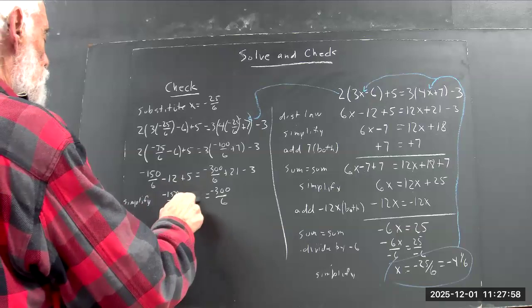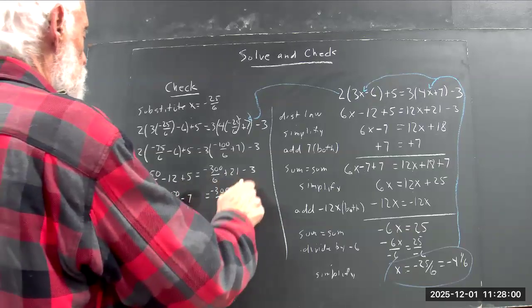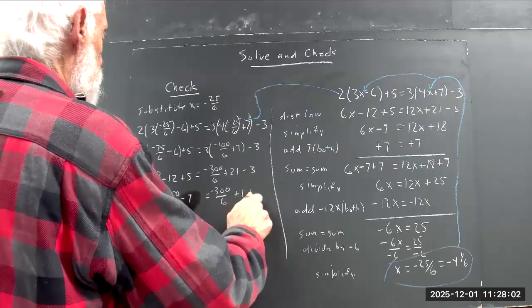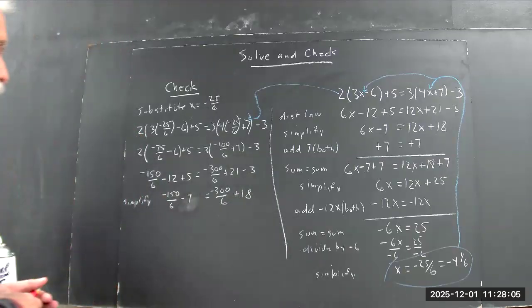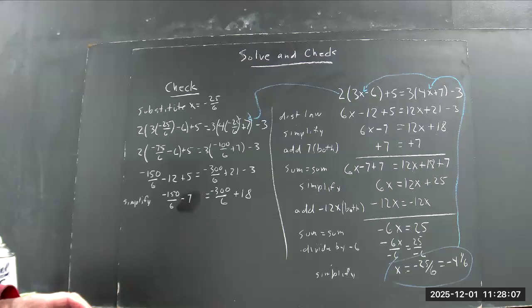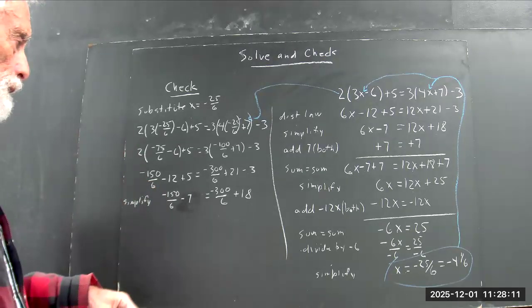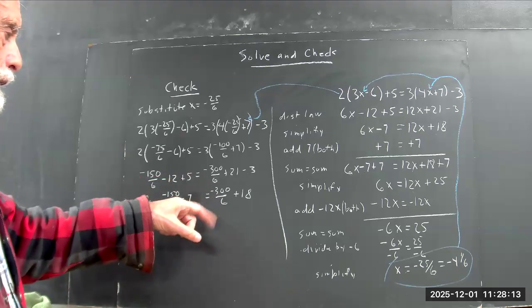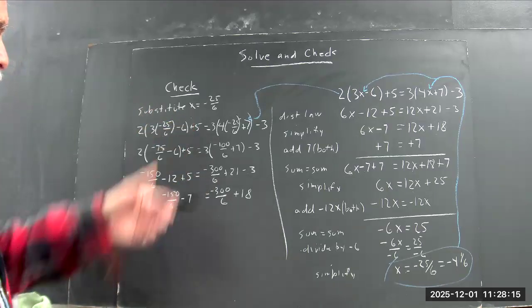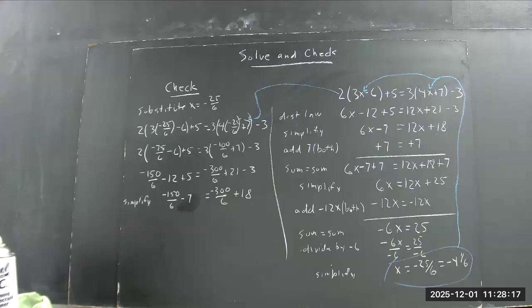Negative 12 plus 5 is negative 7. 21 minus 3 is plus 18. Now you might notice that 150 over 6 divides out and gives you negative 25. Negative 300 over 6 divides out and gives you negative 50. And that's going to check out.